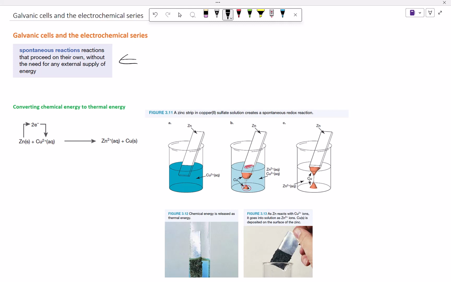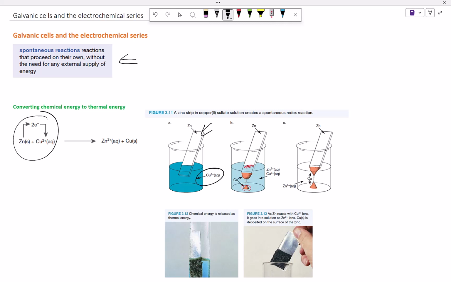So a simple example of that, and it's like a precursor to actually using a galvanic cell, is this reaction here, where I've got zinc metal and some copper sulfate solution.